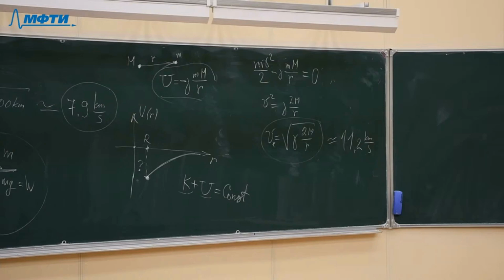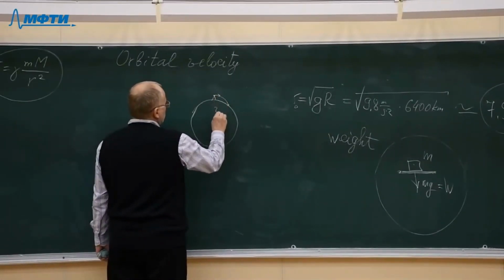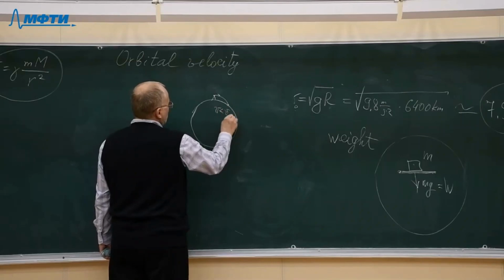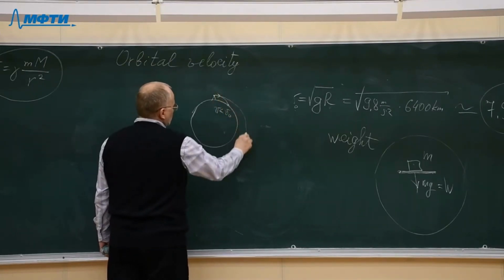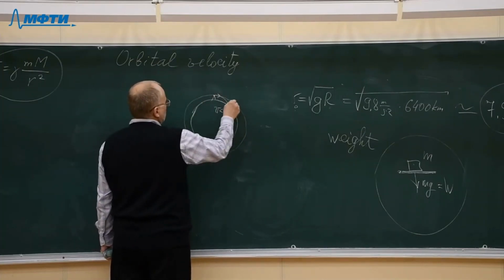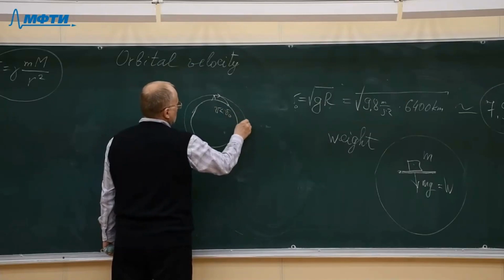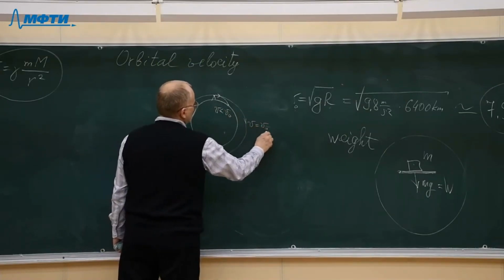If the velocity is smaller than the orbital velocity, then the body will fall on the surface of the planet. If the initial velocity equals the orbital velocity, the body will move in its orbital trajectory.